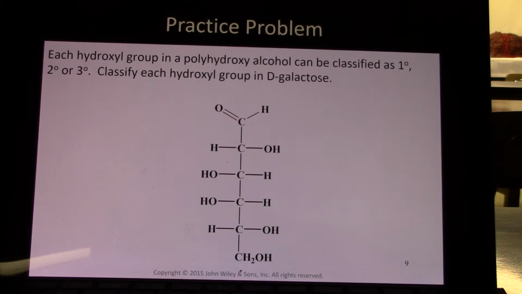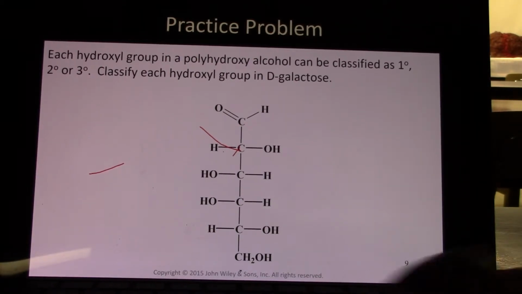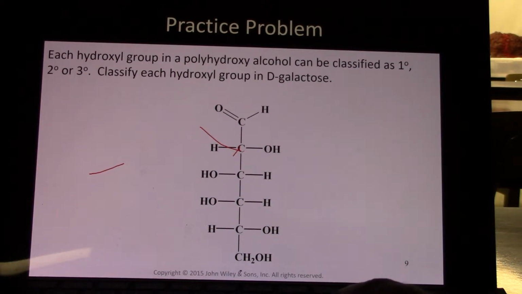So practice problem. Each hydroxyl group in a polyhydroxyl alcohol can be classified as primary, secondary, or tertiary. So let's identify each of them. This carbon, this is a secondary carbon because it has 2 bonds to different carbons and just 1 hydrogen. The next one's also secondary.